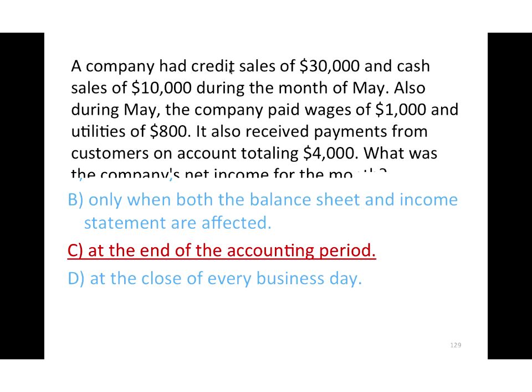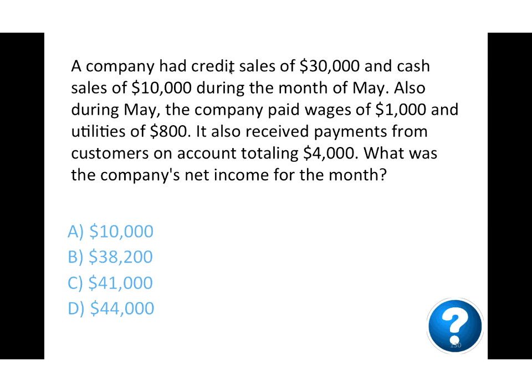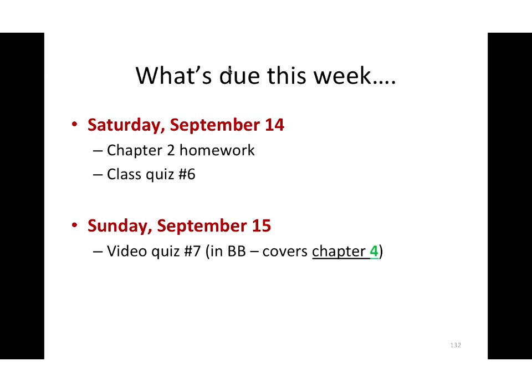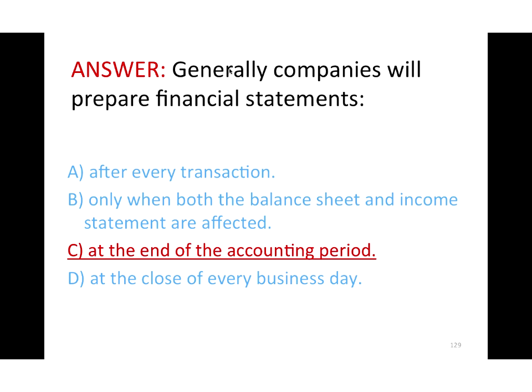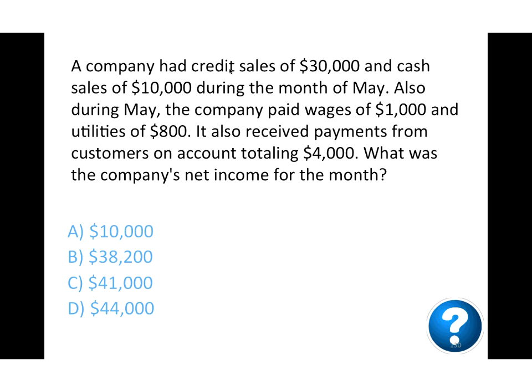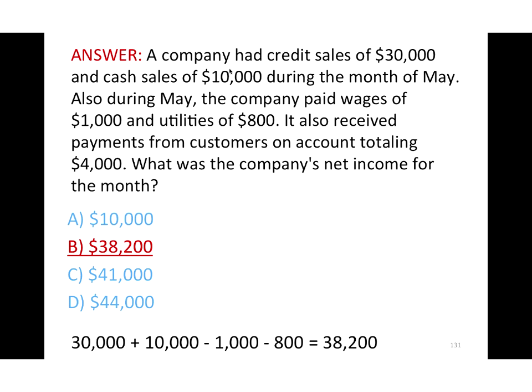And then finally, oh great, we end with the computational one. Yay. Oops, wait, I skipped the answer there. Okay, there we go. The company had credit sales of $30,000 and cash sales, giving them total revenue of $40,000.